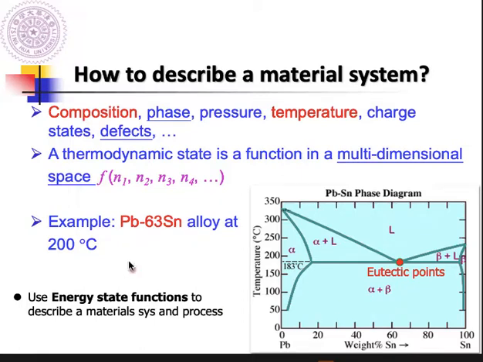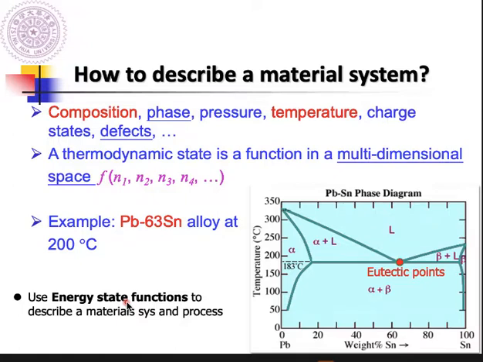Why do we try to use the energy state function? You can think that no matter what kind of process or what kind of material system, the thermodynamic equilibrium state must have the lowest total energy, right?